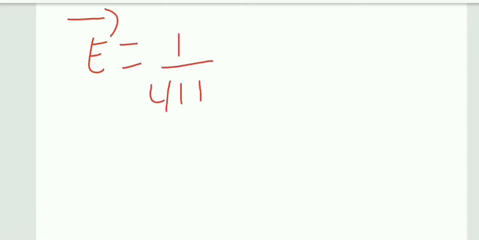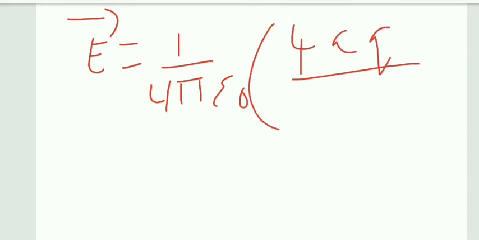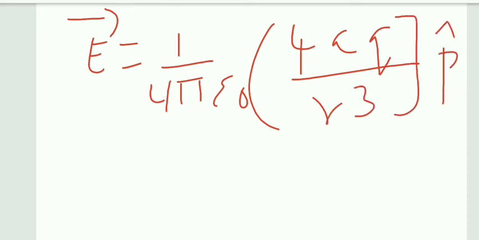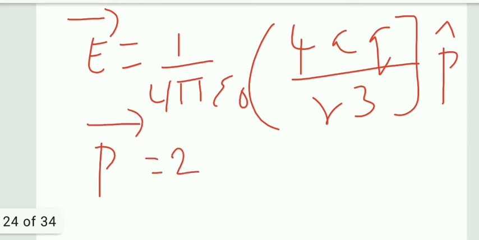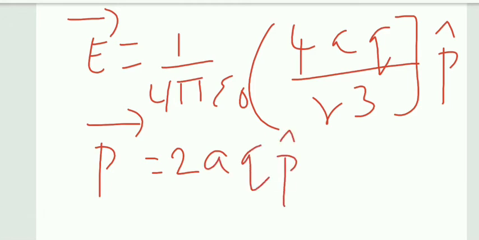So E total is equal to 1 by 4 pi epsilon naught, 4AQ divided by R cube into P vector, right? So we know from the dipole moment equation, dipole moment is equal to 2AQ P vector. This we studied already in the dipole class. If you have any doubt, please go to the dipole class. So 2AQ is equal to P vector.